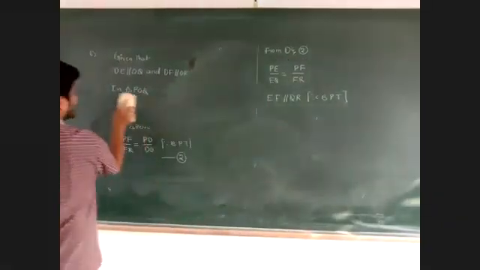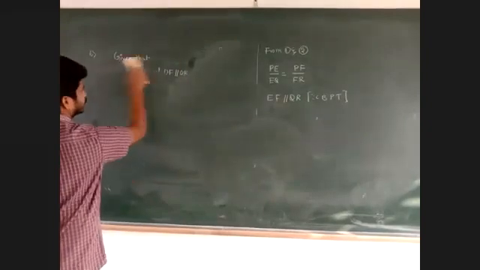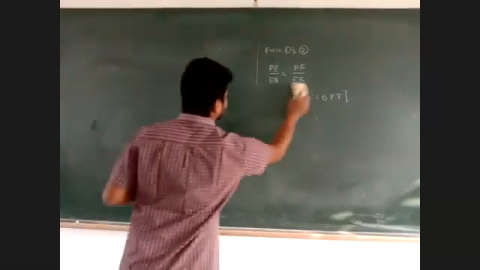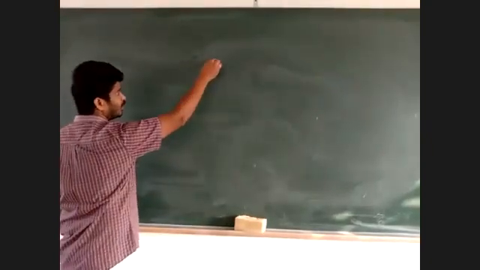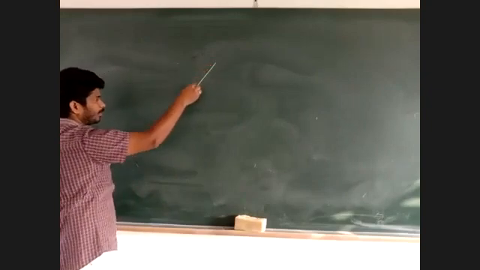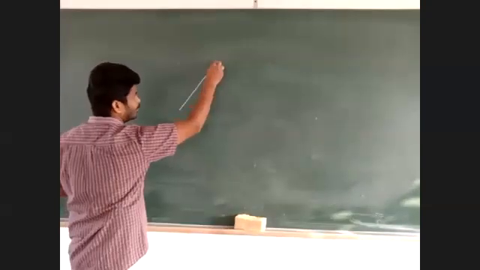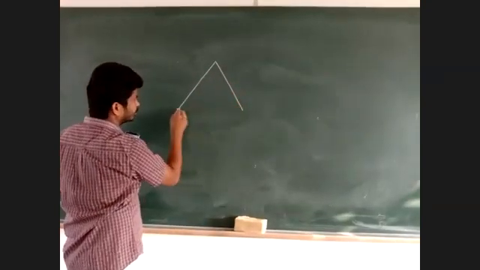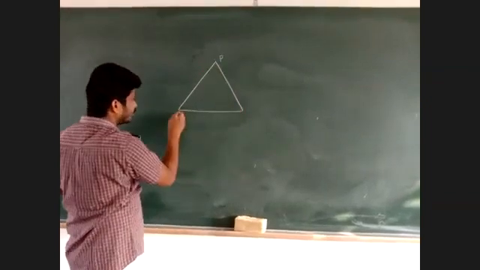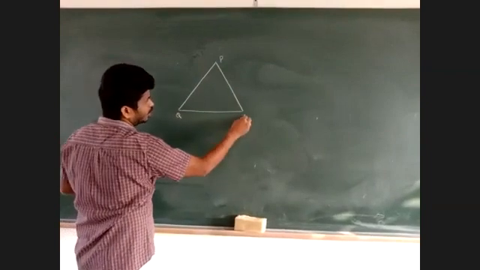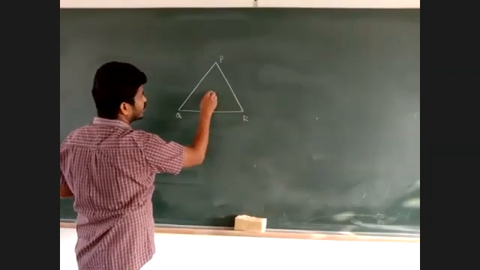In triangle PQR, all of you listen carefully. This is point P, Q, R. O is the inside point.